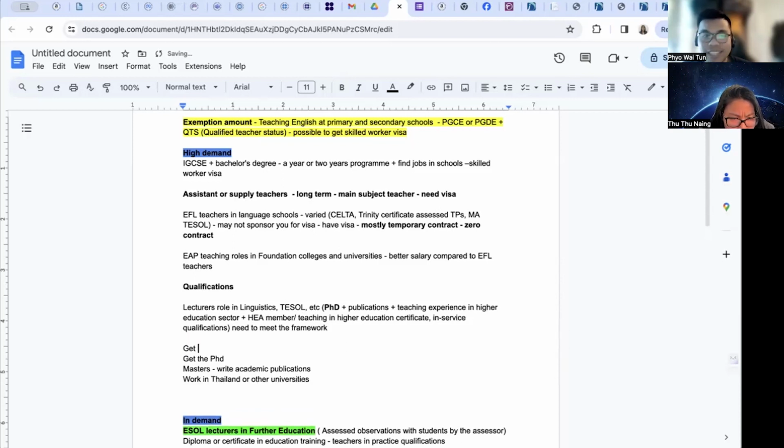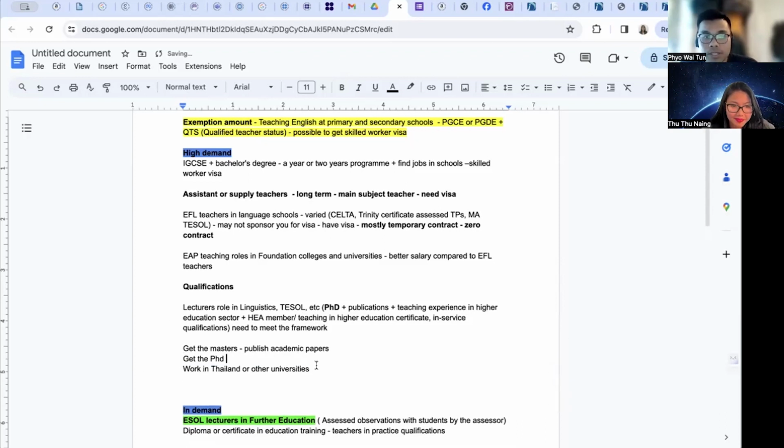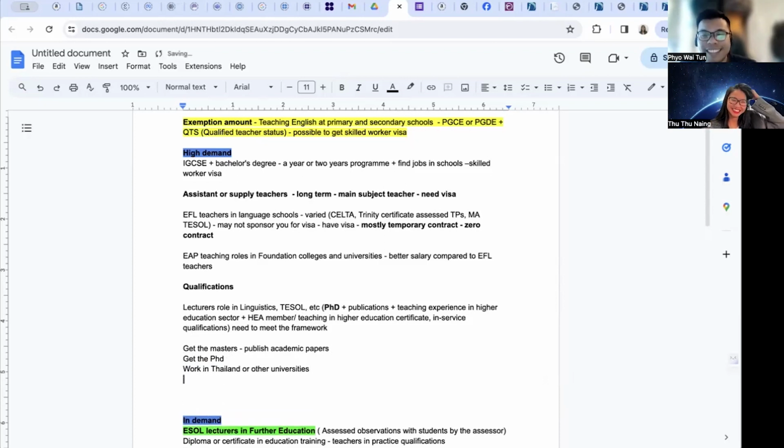I think we need a PhD to work in the UK higher education sector. And even if you have a PhD, some of my colleagues who have one are still trying to get a proper position in higher education. So it's also challenging.